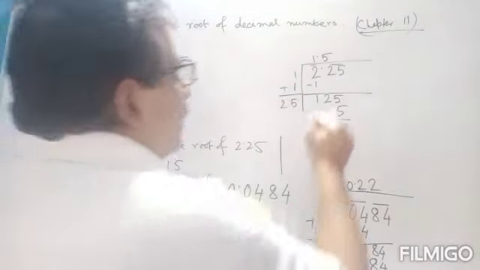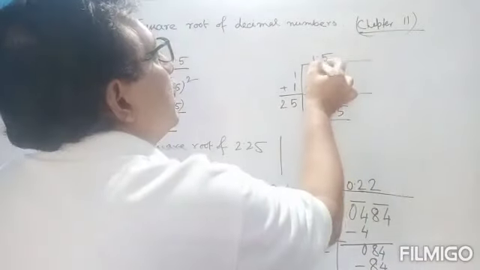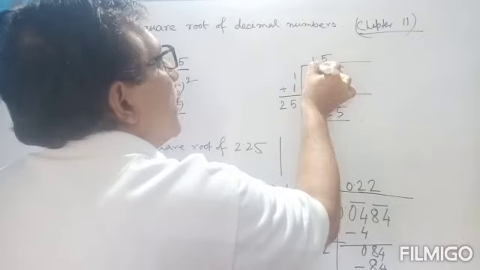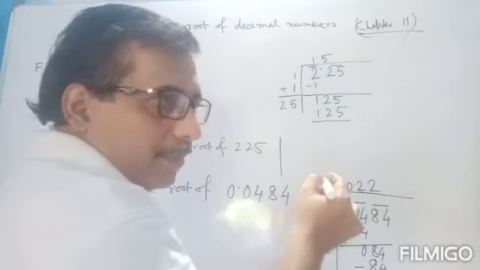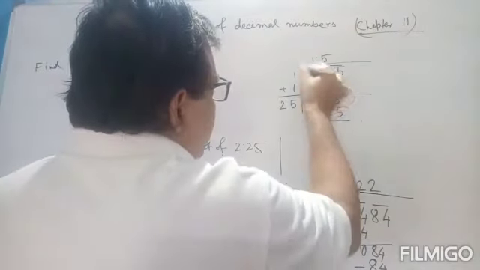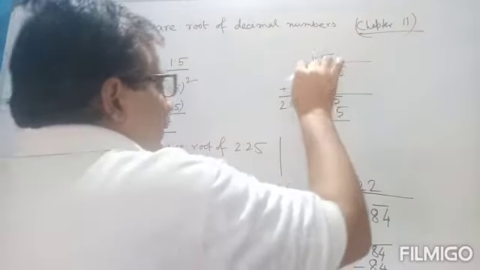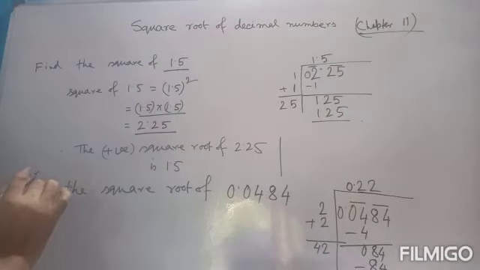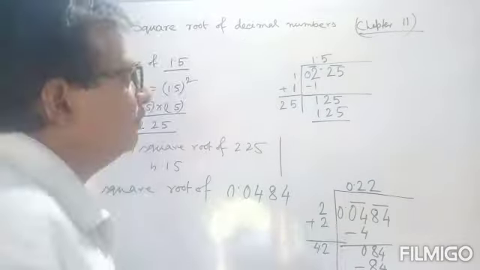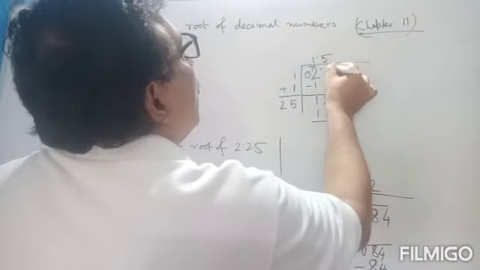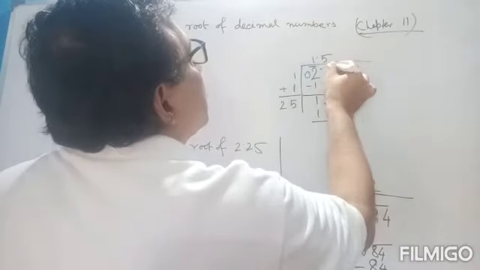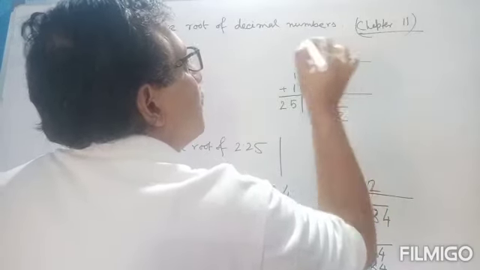I repeat once again. Since this is the point, from this we take pairs. Here is only one number, so it can be written as 0, and point 225 on the right hand side.